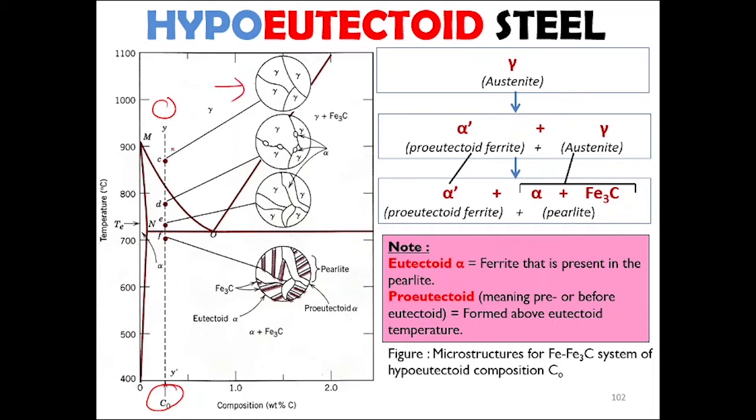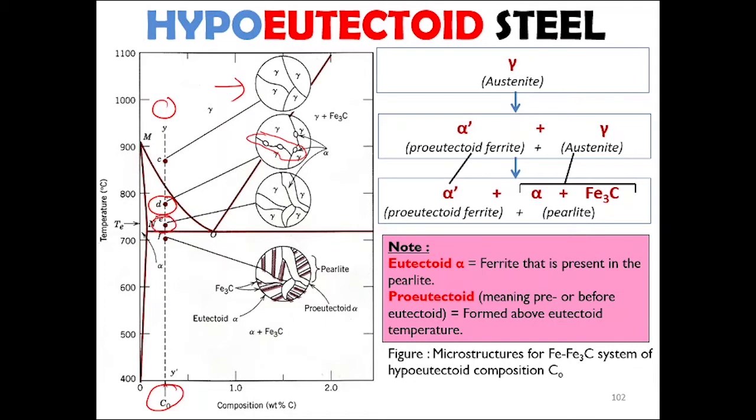At this composition, the austenite will have a slight change in microstructure. From austenite, it will form ferrite plus austenite, where the formation of ferrite is proeutectoid ferrite. You can see the proeutectoid ferrite will form in the grain boundaries of austenite.